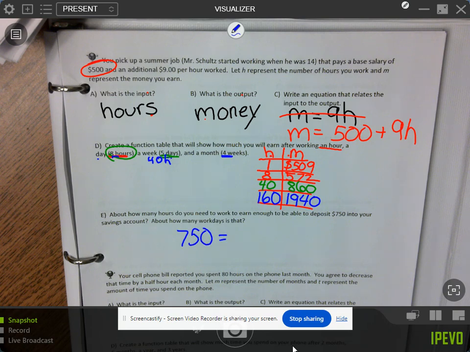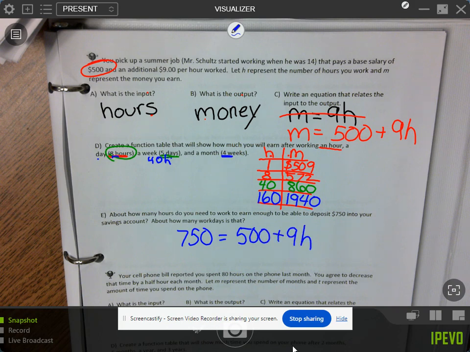Okay, so 750 is our money. Now Fiona said divide by 9 because we know it's 9H, but then Grayson mentioned something. Grayson, what did you say? We can't forget about that 500. So we have 750 equals 500 plus 9H.